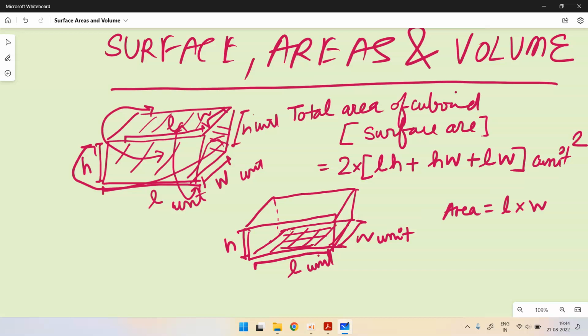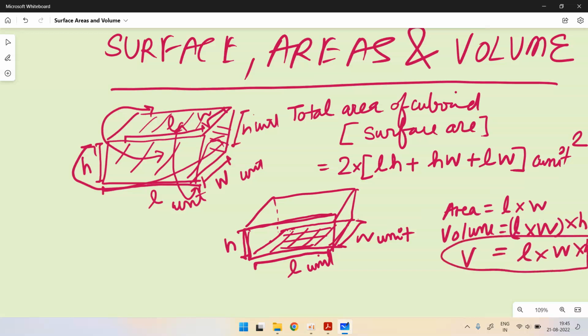So the volume up to length H is L into W, this area, into height H. Volume is LWH. You can take any side.